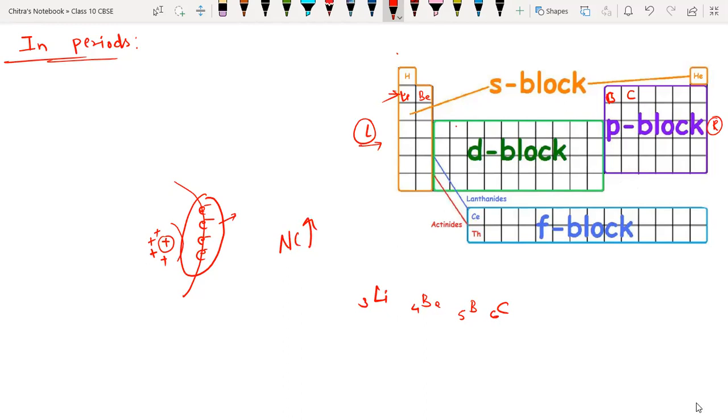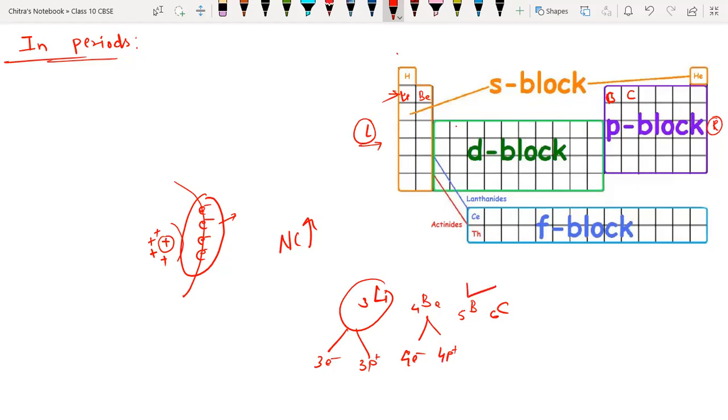Okay. See, electrons are added in the same shell. Likewise, protons are also added in the nucleus. Sir, where does the nucleus get the extra protons from? Because we already know that all atoms contain an equal number of electrons and protons. Suppose we are discussing lithium: lithium has 3 electrons and 3 protons. Beryllium has atomic number 4, that means 4 electrons and 4 protons.